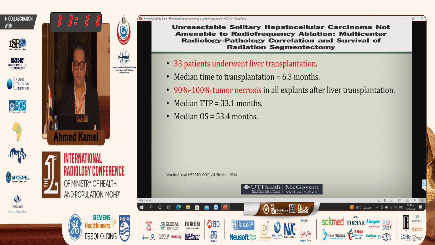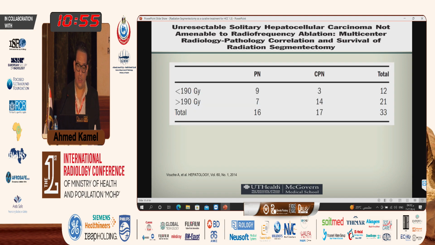They found 90 to 100% tumor necrosis in all these patients. The median time to progression was 33 months and the median overall survival was 53 months, very close to what we get with ablation and probably resection.